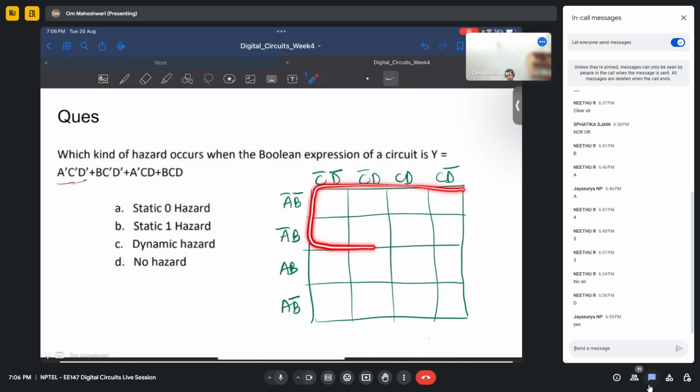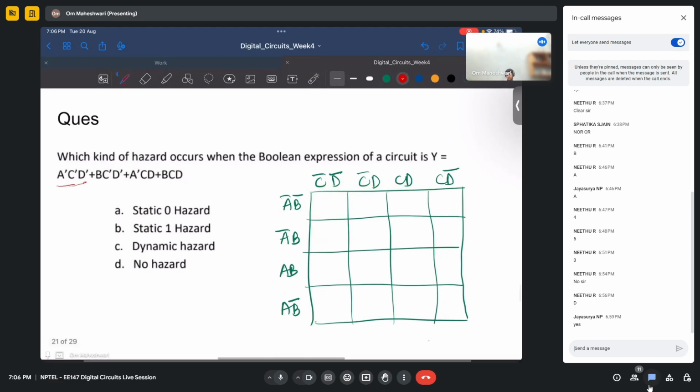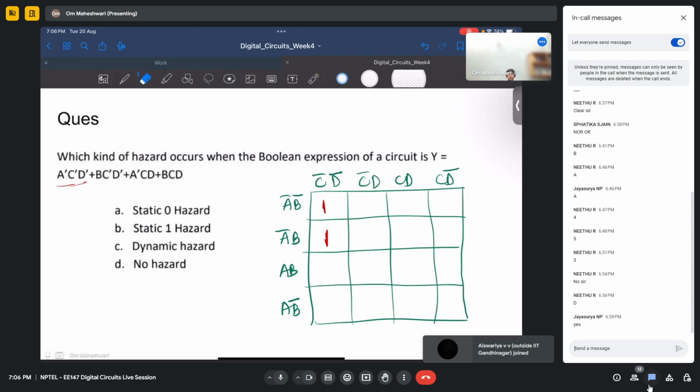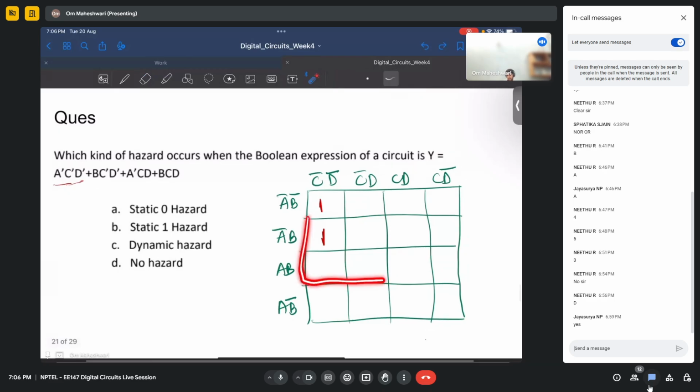This A bar, this C bar, D bar, so it will be one and one here. Then you have B, C bar, D bar. B is here and C bar, D bar is here, so it will be one.